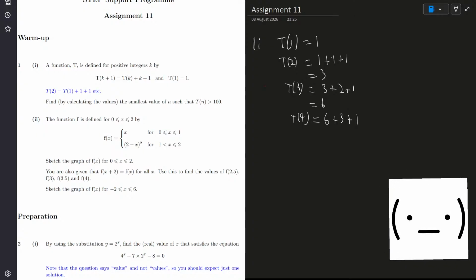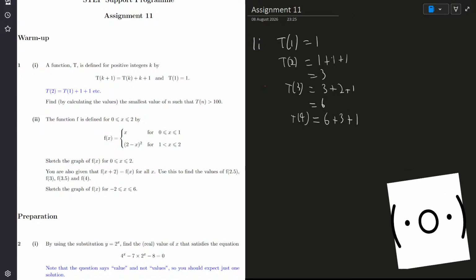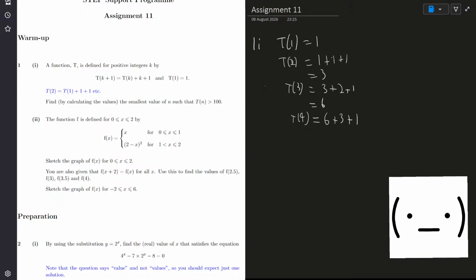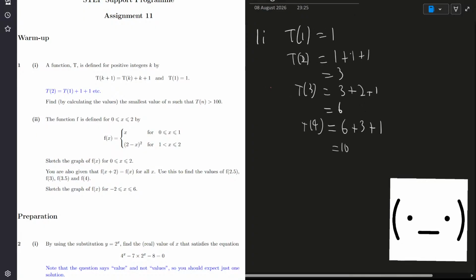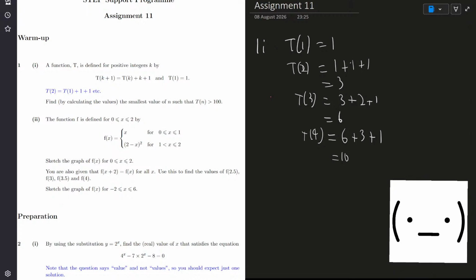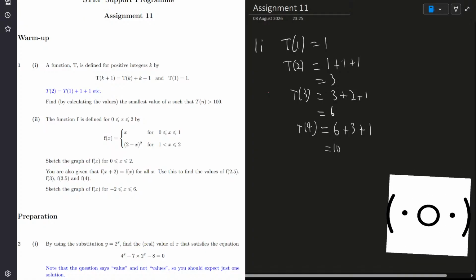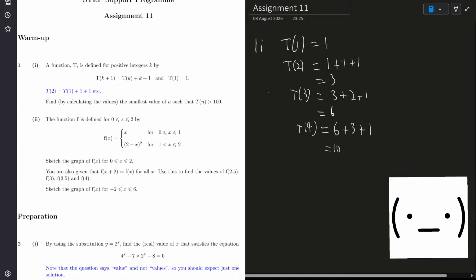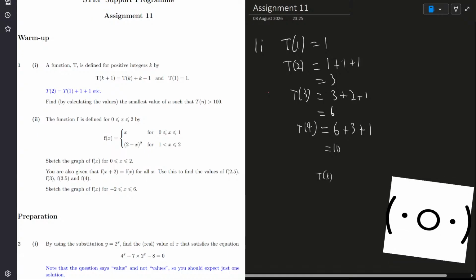Great. So now you want us to find the smallest value of n such that t of n is larger than 100. That's quite interesting.